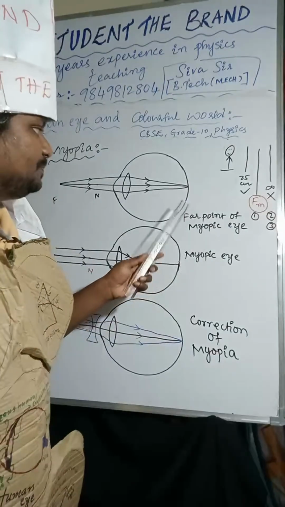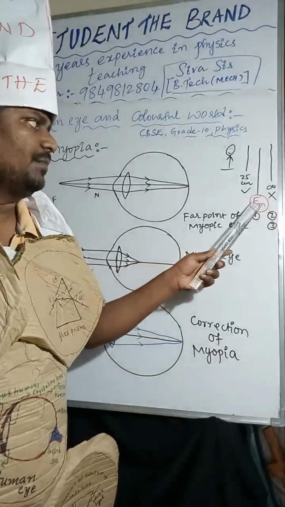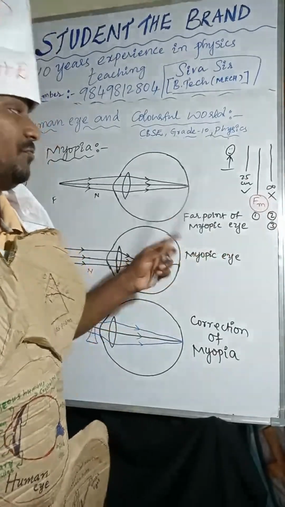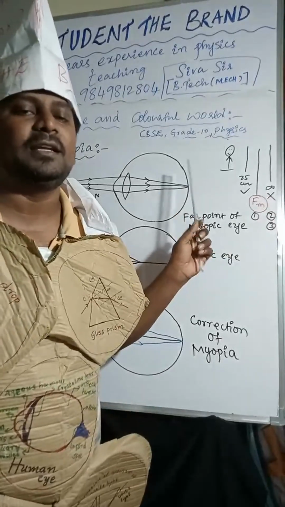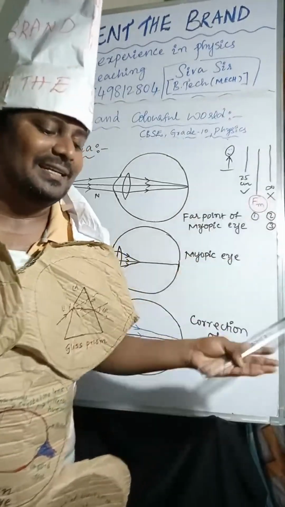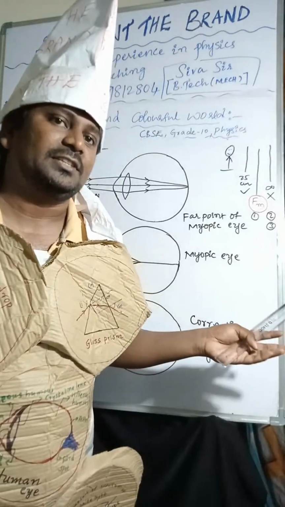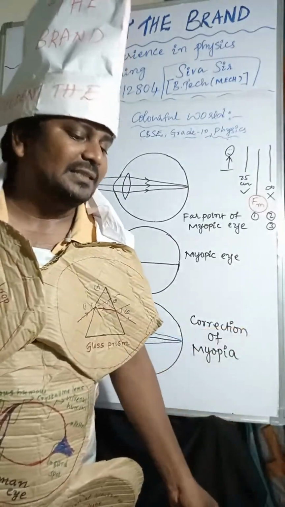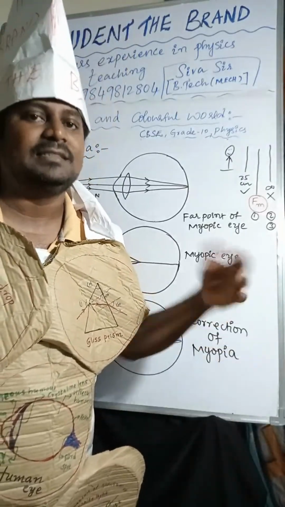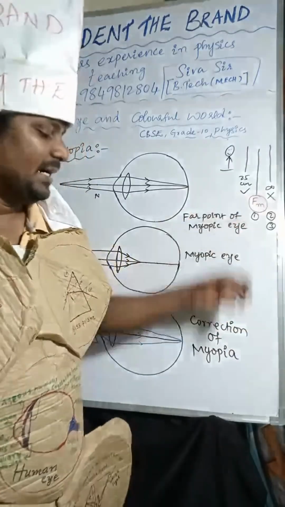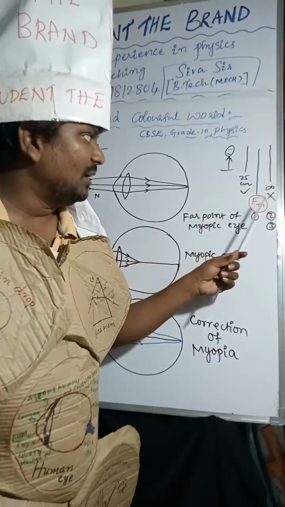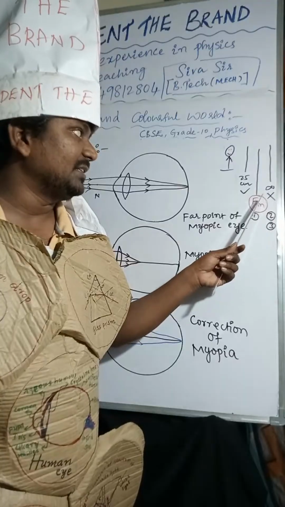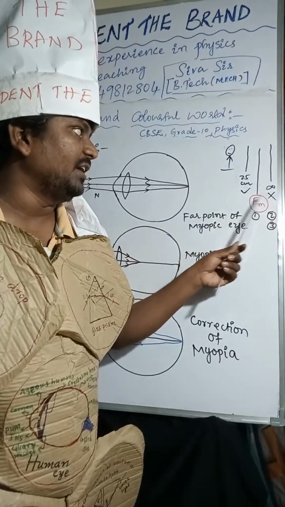Now you can see a far point. The first point is myopia. Myopia is nothing but he can see near distance objects, but he can't see far distance objects. If the light rays are coming from infinity, he can't see, but somewhere between 25 cm and infinity he can see.